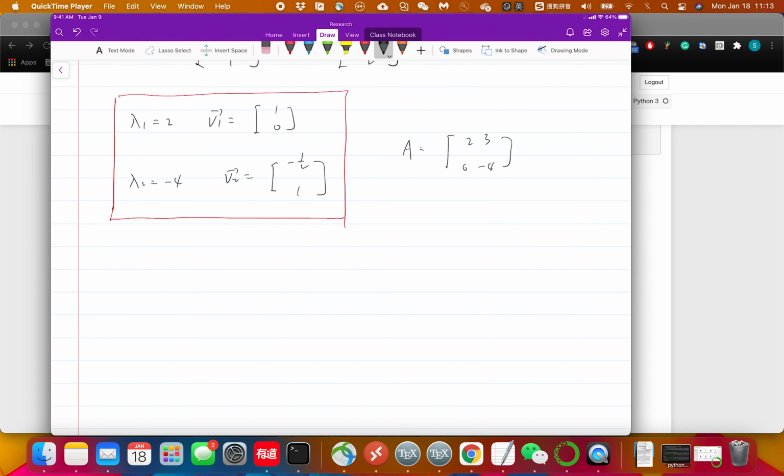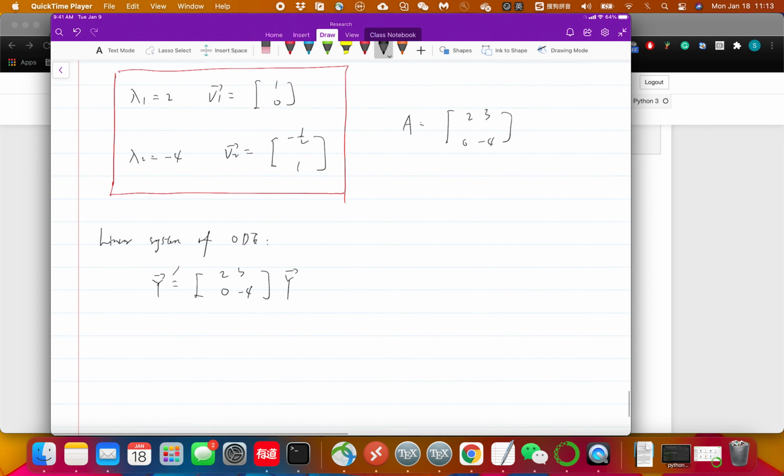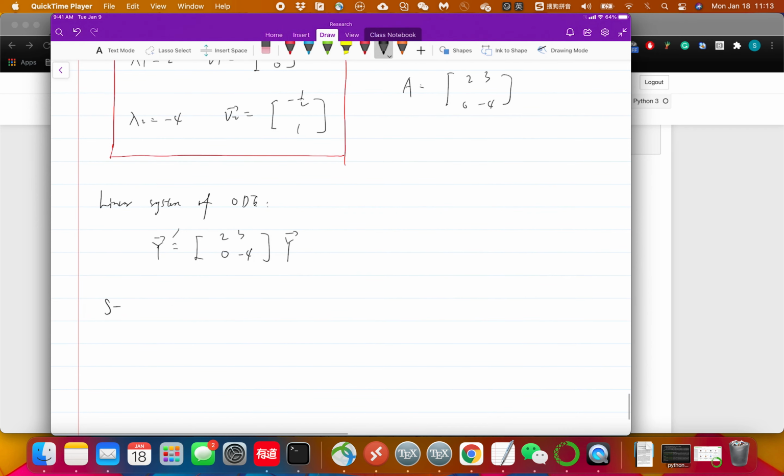So let's go back to the linear system of ODEs. The reason you're doing this is you're trying to solve this. And you already found eigenvalues and eigenvectors. Then you have the straight line solution.